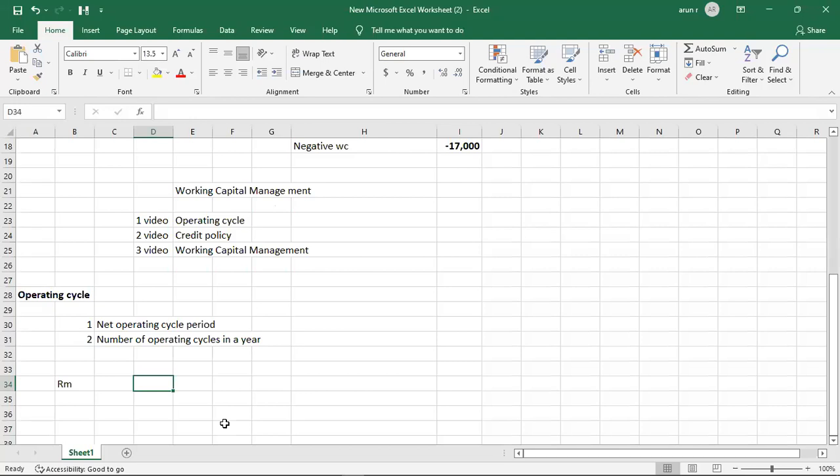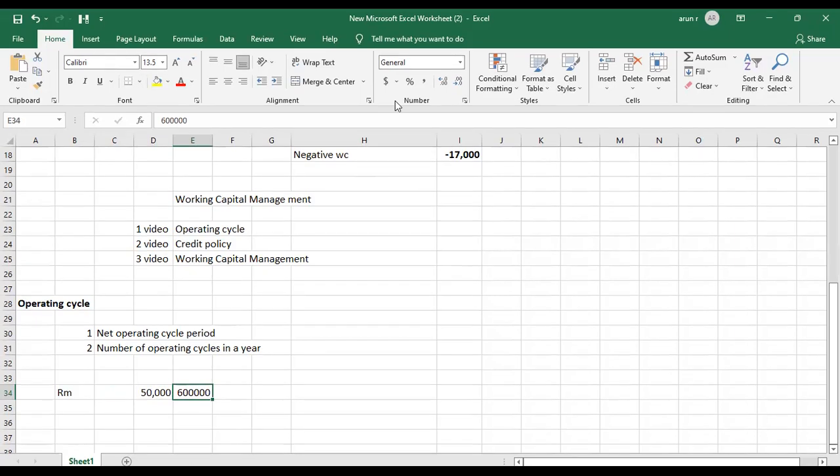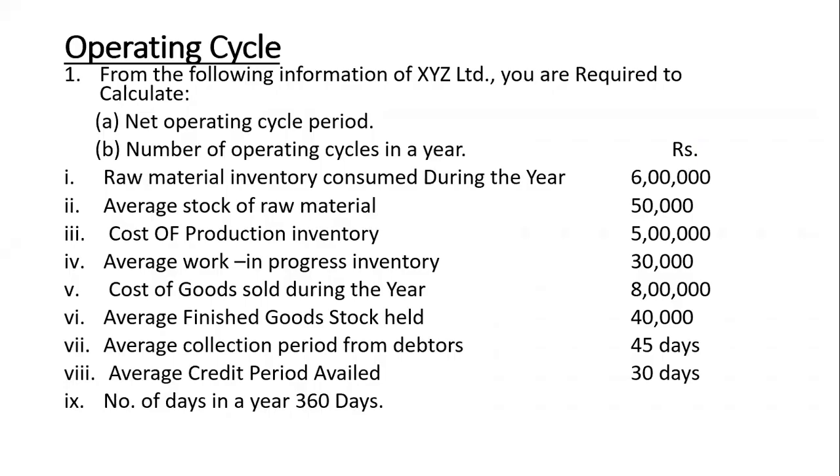Based on that, we calculate. 50,000 is the average stock of raw material given in the question, divided by 6 lakh rupees, which is the raw material inventory consumed during the year.